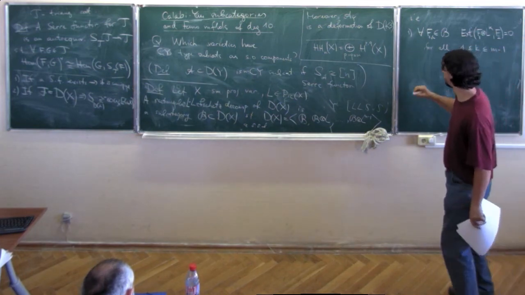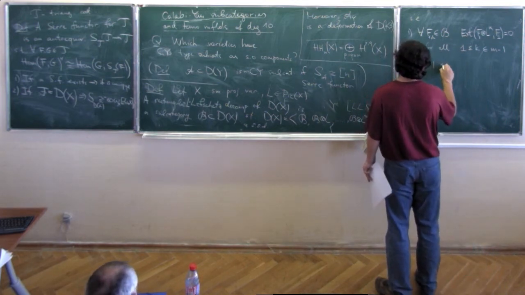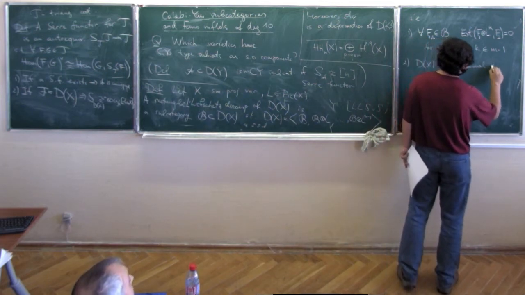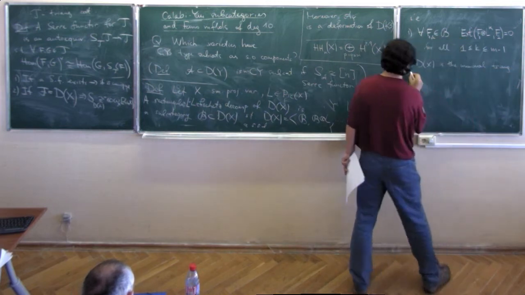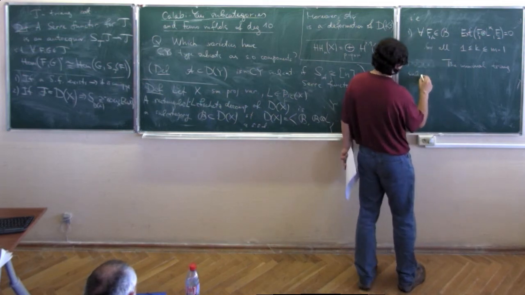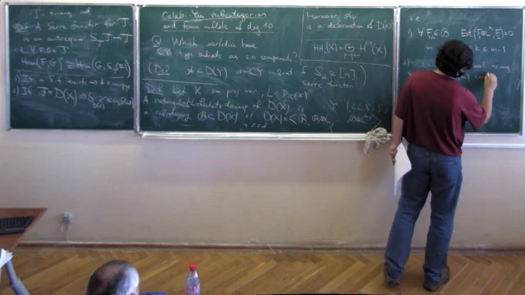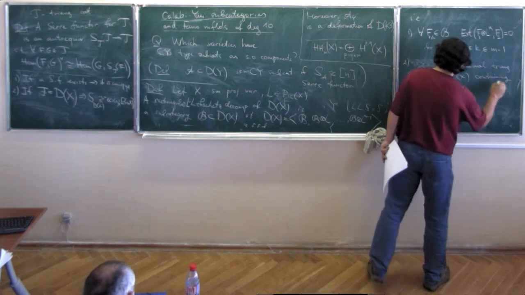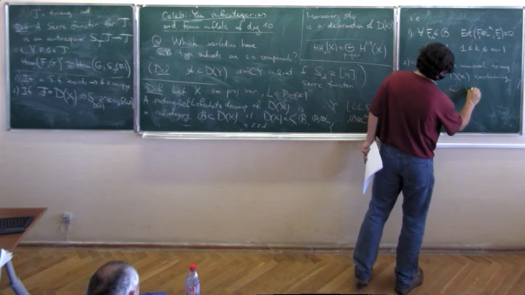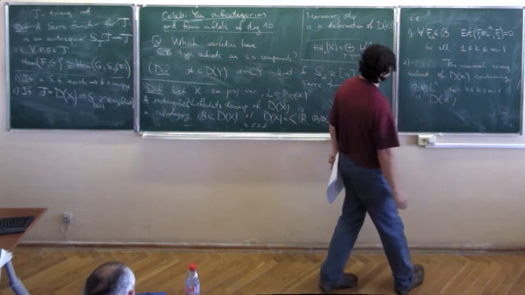Okay, so this is the semiorthogonality condition, and the second condition is that D of X is the minimum triangulated subcategory of D of X containing B tensor L to the K for K between 0 and m minus 1 is D of X itself. So this is the definition.